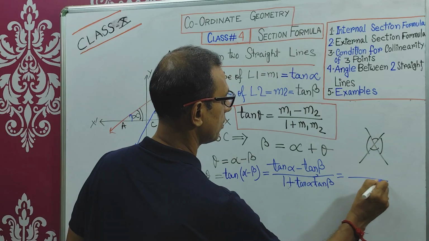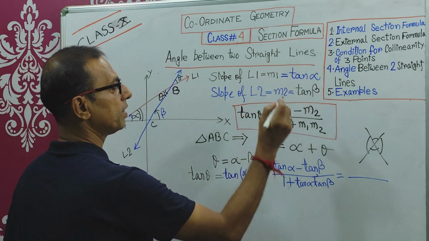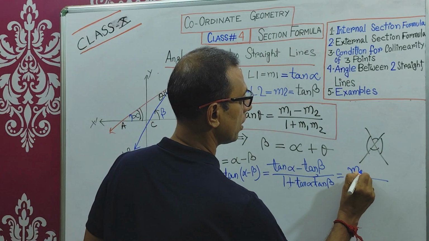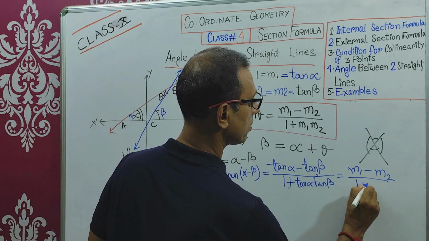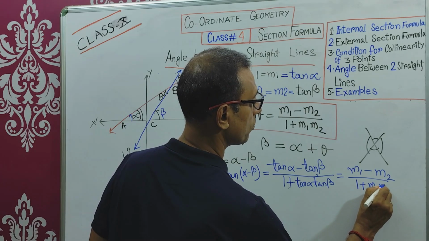Now you just give the values. Tan alpha means m1, so m1 minus m2, tan beta is m2, by 1 plus m1 m2.